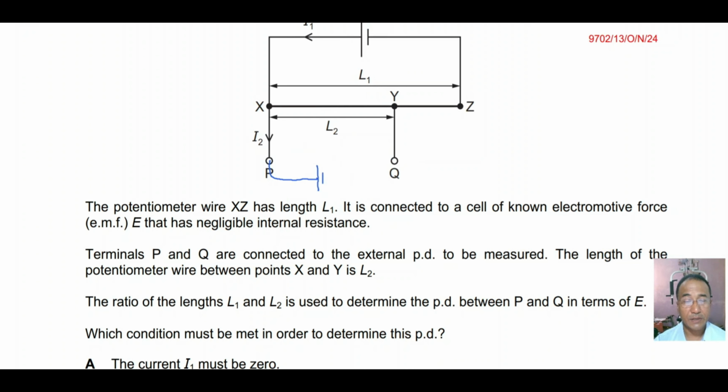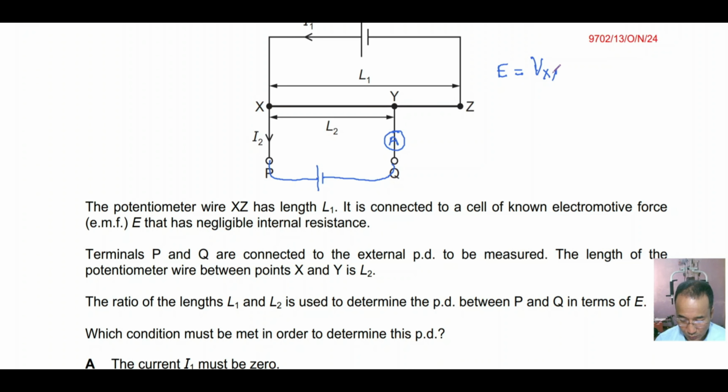What we have to remember is, in the potentiometer circuit, you have to connect the source like this, the other source like this, and you also have to connect an ammeter or any other meter like this. Now, when we exactly measure the EMF, at that time this E should be equal to Vxy.